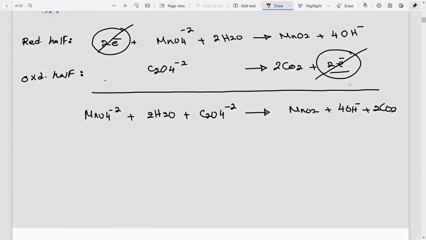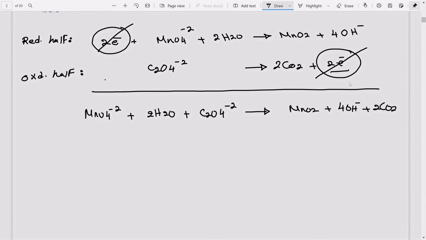To check the balancing, I need to check first the number of atoms of each element in both sides. So I can see I have 1 Mn and 1 Mn in both sides. For the hydrogens, I can see I have 4 hydrogens in both sides. For the carbons, I can see I have 2 carbons in both sides.